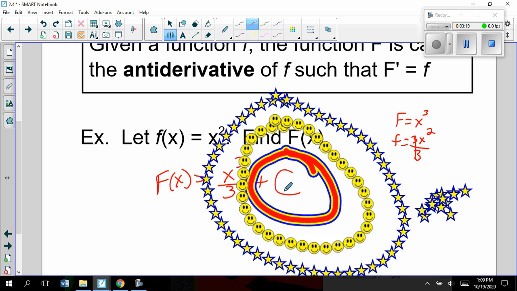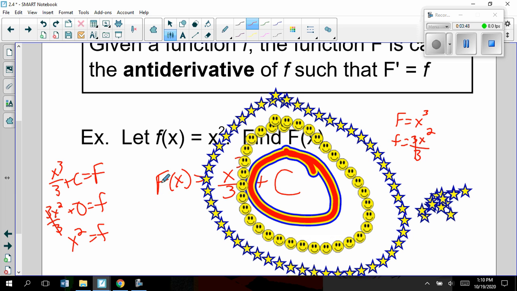Because every time you take an antiderivative, you have to put plus c at the end, because when you take, again, let's say this is capital F, when I take the derivative to get little f, this goes power out, power down, and then that would have gone to 0. And so there's that x squared plus that we started with before I put stars all over it.